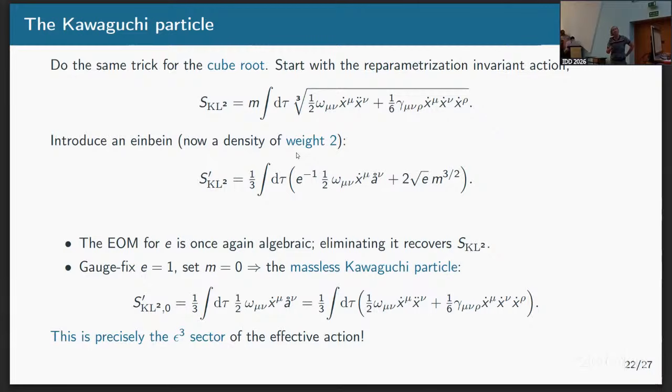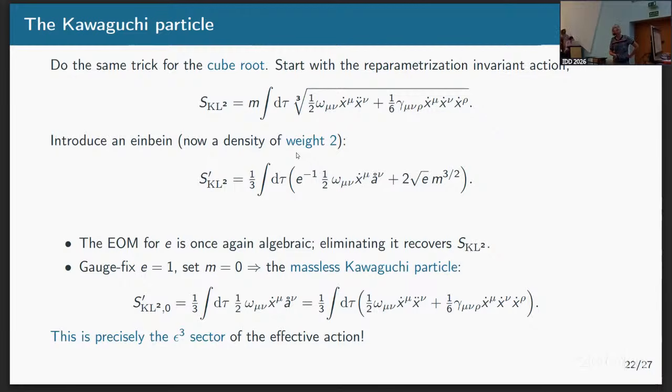It means you are gauge fixing your parameterization invariance, and when you do this, we claim what you get is the action for the massless Kawaguchi particle, which is exactly our cubic correction to the effective action. So we got a geometric interpretation of these corrections in the third order.